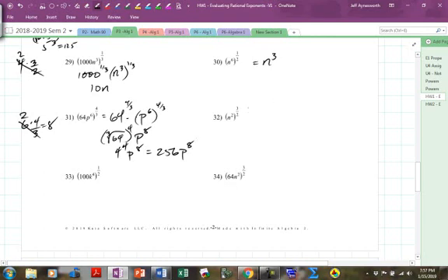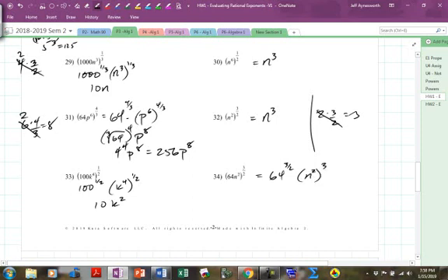And here you just get, well, let me see, 2 times 3 halves is 3. So you get n cubed. And then here you have 100 to the 1/2 power times k to the 4th to the 1/2 power. That gives you 10k squared. And the last one, you have 64 to the 3/2 power times n squared to the 3/2 power. So this is the square root of 64, cubed.